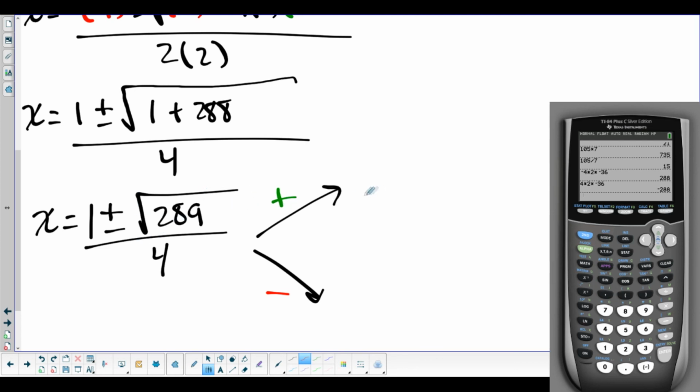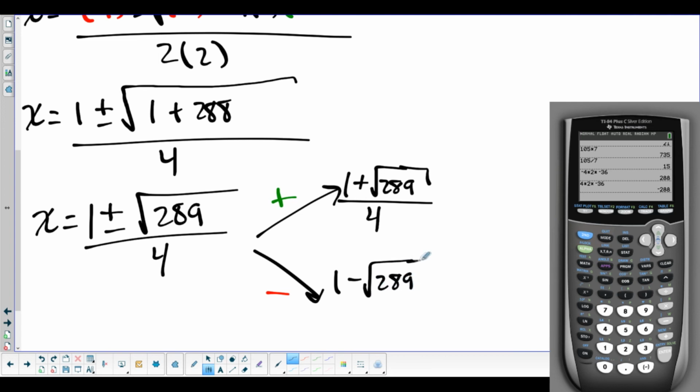The version where I add the square root of 289 and the version where I subtract the square root of 289. And so I get 1 plus the square root of 289 over 4. That's what x is going to be. And x is going to be 1 minus the square root of 289 over 4.